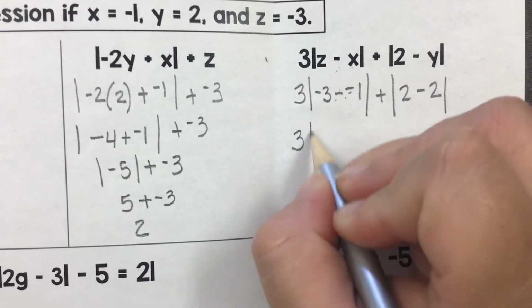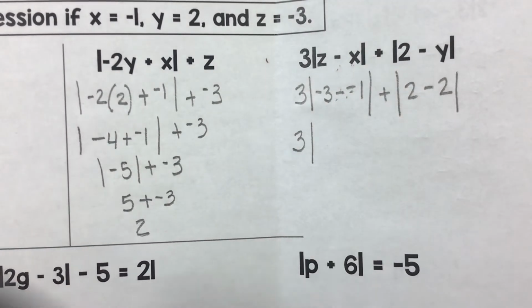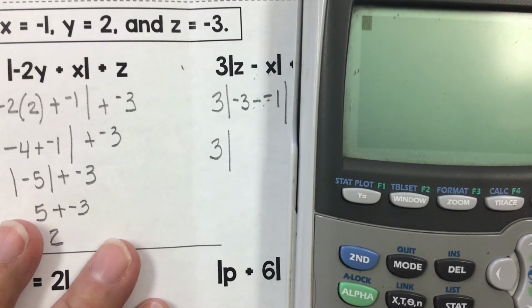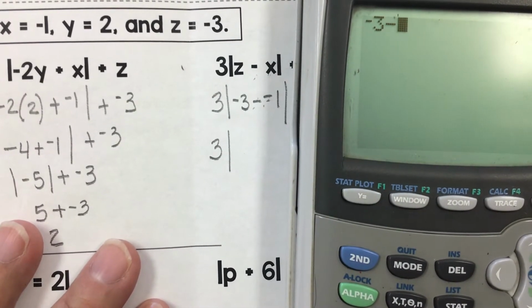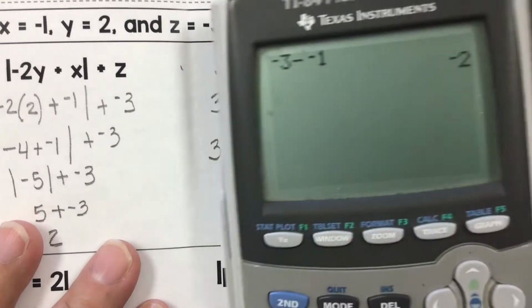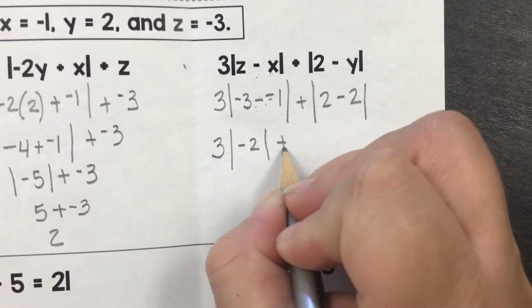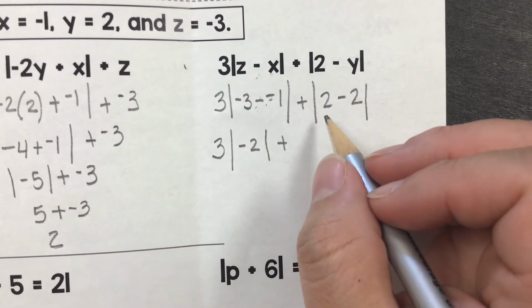So 3, absolute value. And then we're going to go ahead and do what's inside the absolute value bars. Negative 3 minus a negative 1 gives you a negative 2. Plus, and then 2 minus 2 is 0.